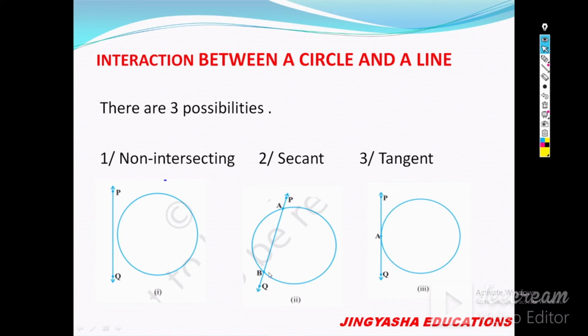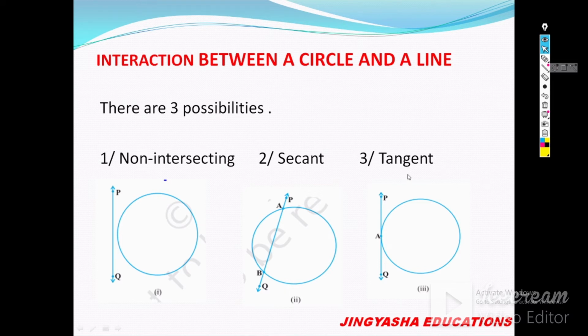AB is a chord, and the arc AOB, if I write O here, and this area is a segment. Okay, so you just remember a secant is any line that cuts the circle in 2 points.